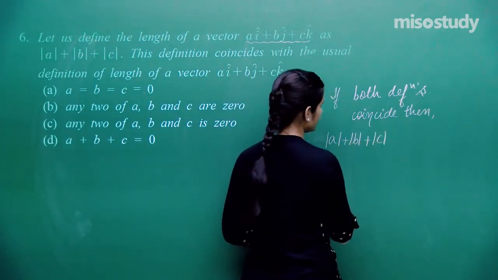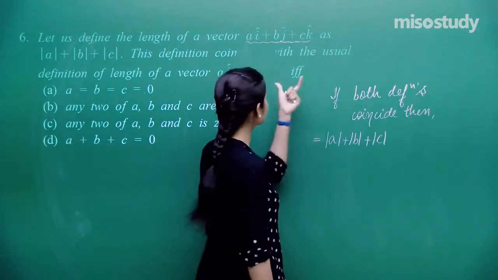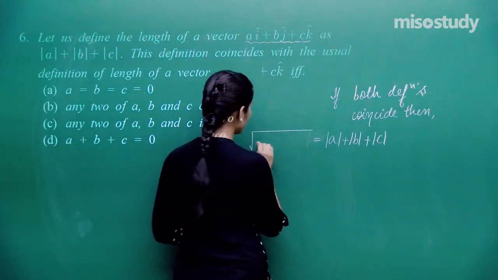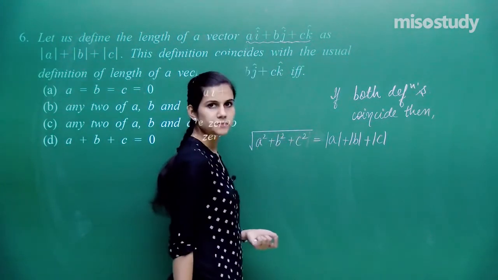That's given in the question. And this is coinciding with the usual definition of magnitude of this vector, which is nothing but positive square root of a square plus b square plus c square.